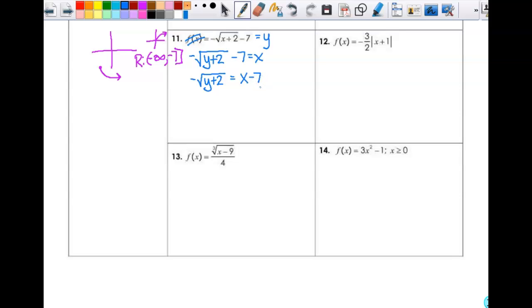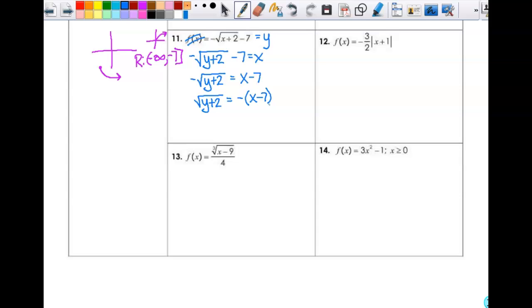Then I want to get rid of that negative sign, so I'm going to multiply both sides by a -1. So I'll get the square root of y plus 2 equals negative parentheses x minus 7. And I'm just going to leave it like that because we're not going to graph right now, but if we did, then I would want it factored out. I don't want it multiplied in.